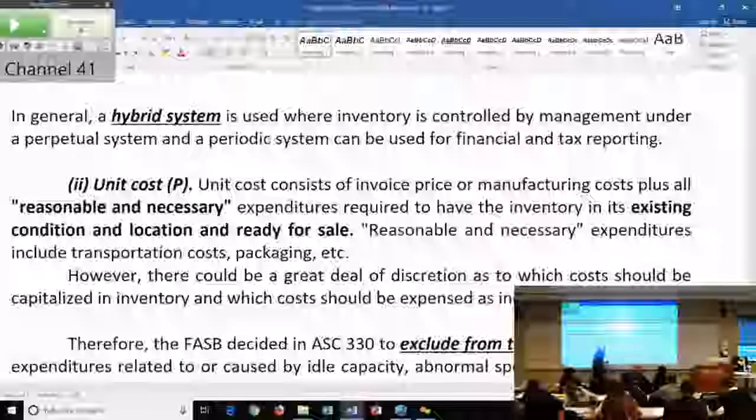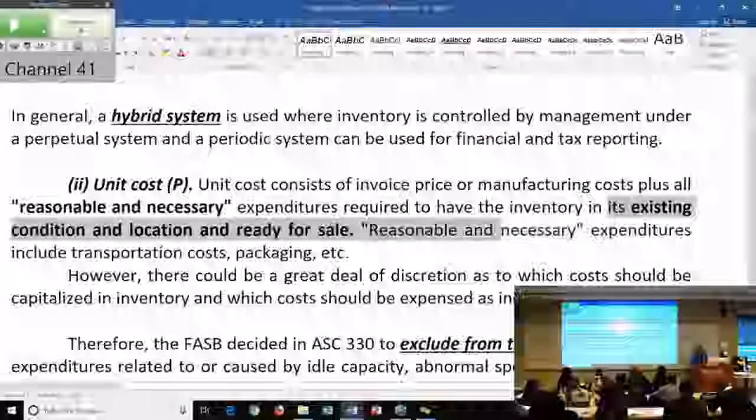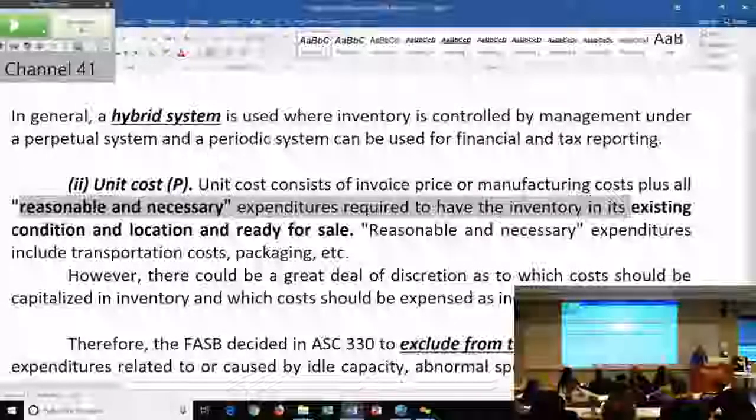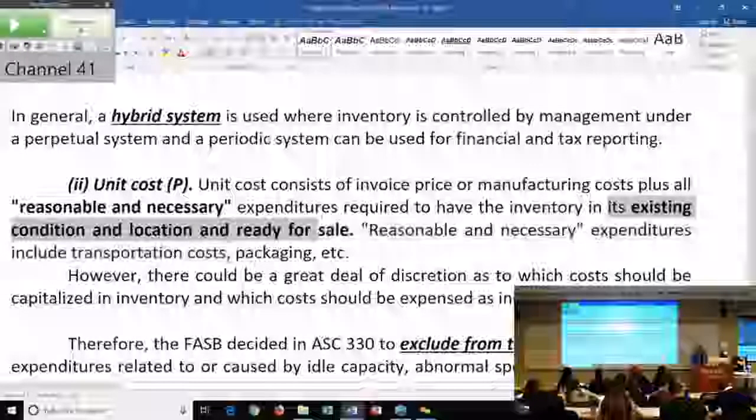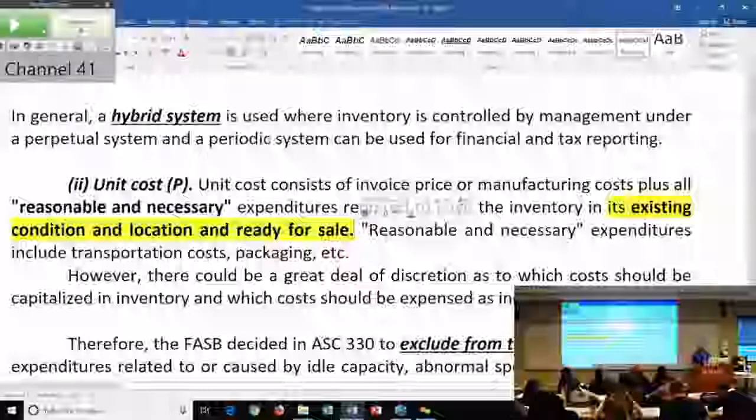So very important to see that idea that these are the expenditures we need to have the inventory in its existing location and ready for its intended use, which in this case, its intended use is sale.